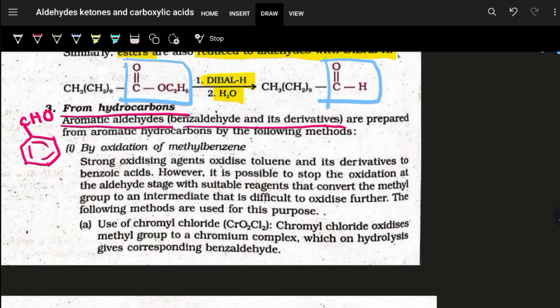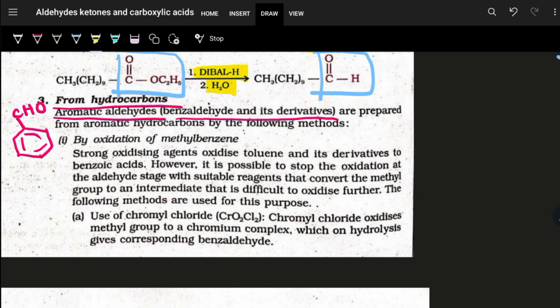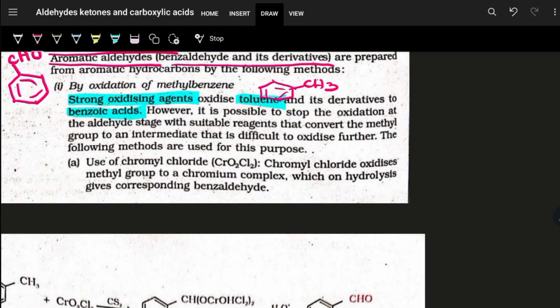Okay, so first, strong oxidizing agents. They oxidize toluene and its derivatives to benzoic acid. So it is oxidation of toluene to benzoic acid. Okay, so this is toluene. It's a CH3 over here. Now, however, it is possible to stop this oxidation.